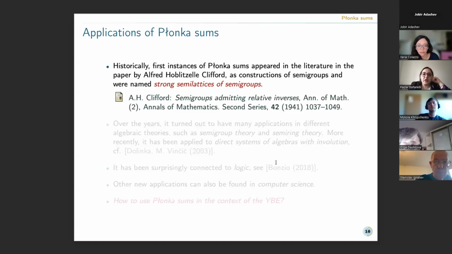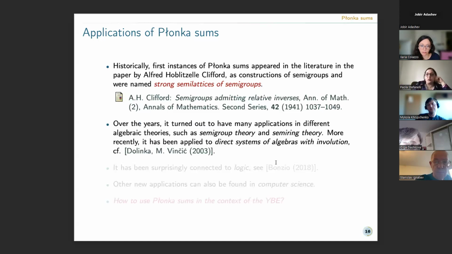And these constructions of semigroups were named strong semilattices of semigroups. And I would like also to underline that Płonka sums essentially were born by looking at this paper written by Clifford.